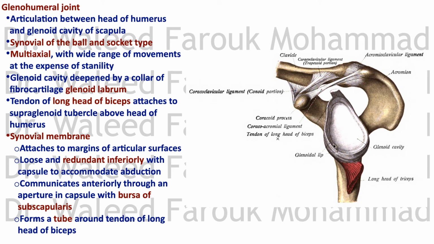That's why it's redundant inferiorly, and communicates anteriorly through an aperture in the capsule with the bursa of the subscapularis muscle. It forms a tube, as I mentioned before, around the tendon of the long head of the biceps.